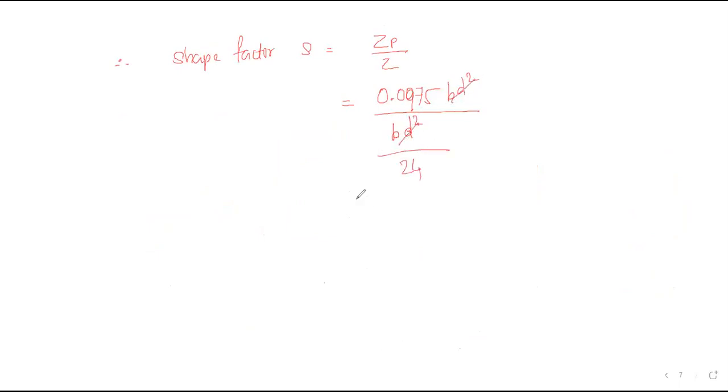So BD squared gets cancelled. So 24 into 0.0975 becomes 2.34. So 2.34 is the shape factor value for the triangular section.